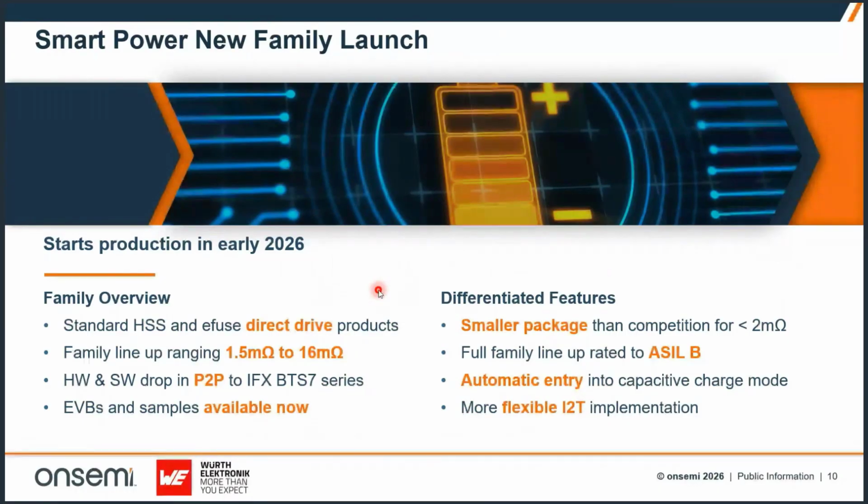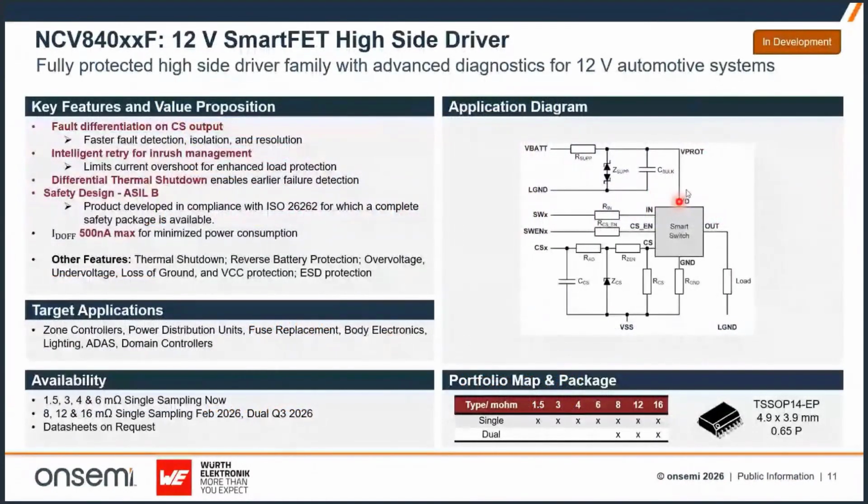We said that we want to have control of critical loads, and there are two types of smart power switches. There's the standard high side switch, and there's the e-fuse switch. With a standard switch, you have a load here, you turn it on and off, you control it. This would be something like an electric glove compartment, for example, or a lighting system for the charging ports of the car.